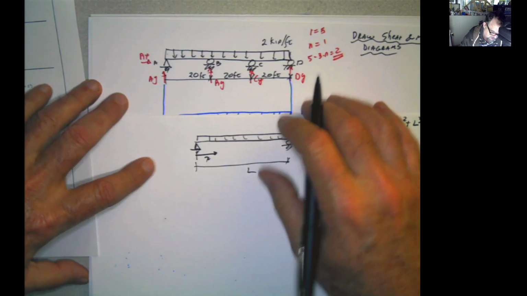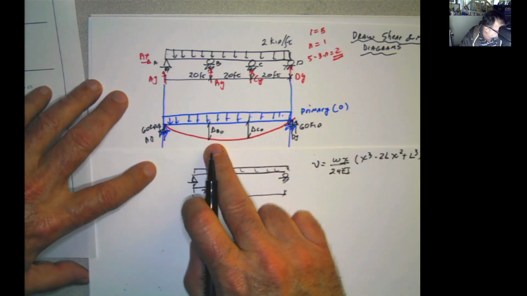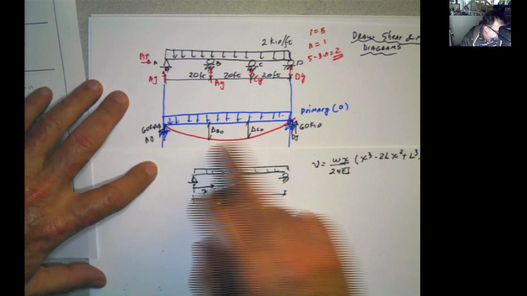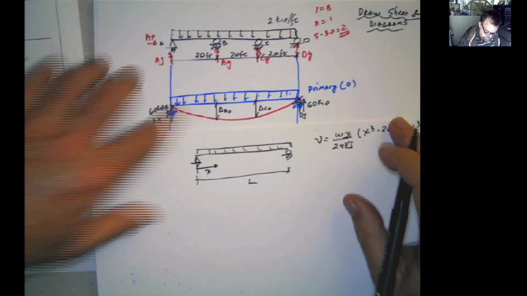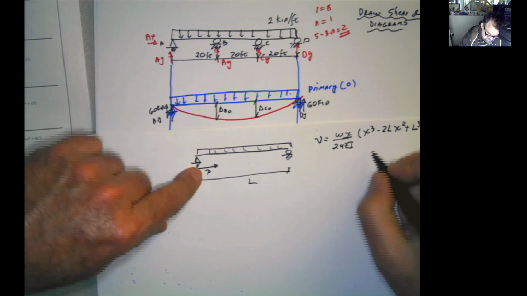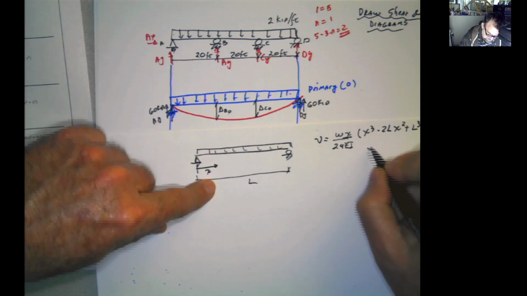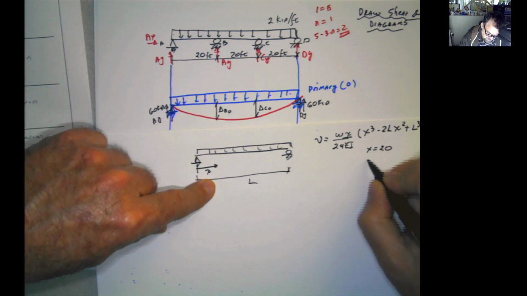Meaning, what do I need to calculate? I need to calculate delta B0, and I need to calculate delta C0. At delta B0, x will be 20, and of course L is 60.